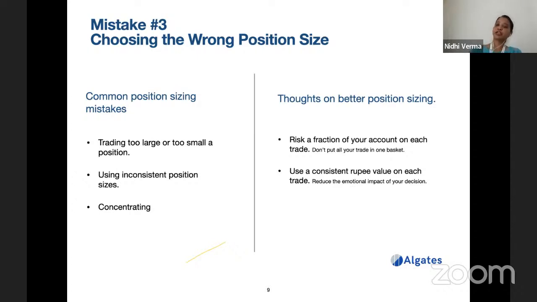So suppose you are starting with say 1 lakh rupees, then you keep 2 to 3% of that money for one particular trade as a risk factor. Another option is that you use a constant rupee value, that I will always allocate this much amount of money to one trade, and I am not going to allocate more than that or less than that.